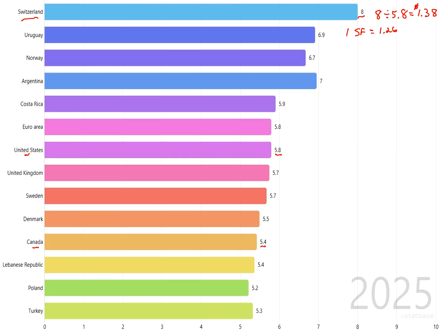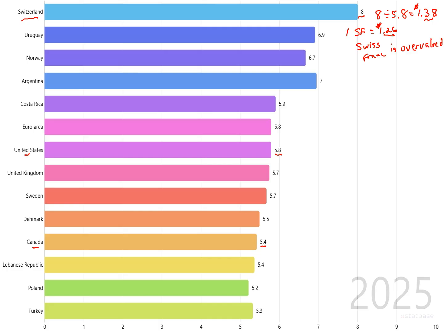So here we have one Swiss franc equals $1.26, and here we have, according to our Big Mac index, the exchange rate should be $1.38. So what does that tell us? That suggests that the Swiss franc, let me just write it out, Swiss franc, is overvalued compared to the US dollar.